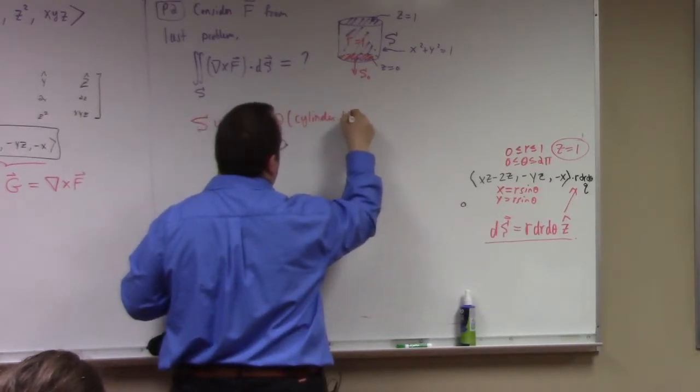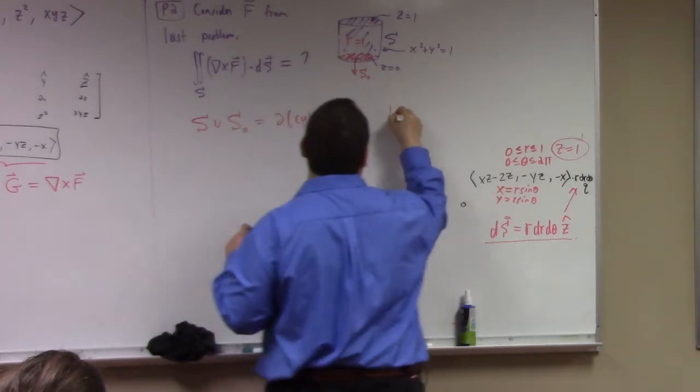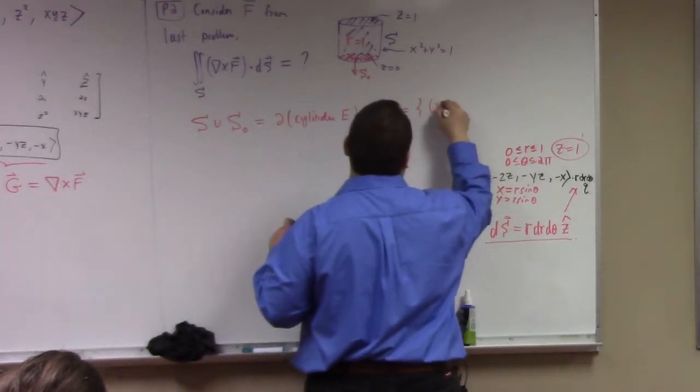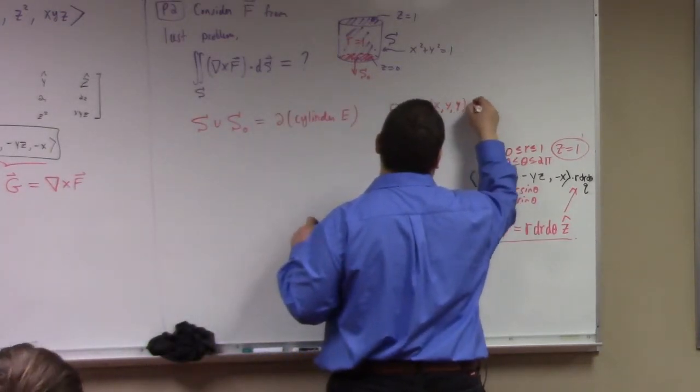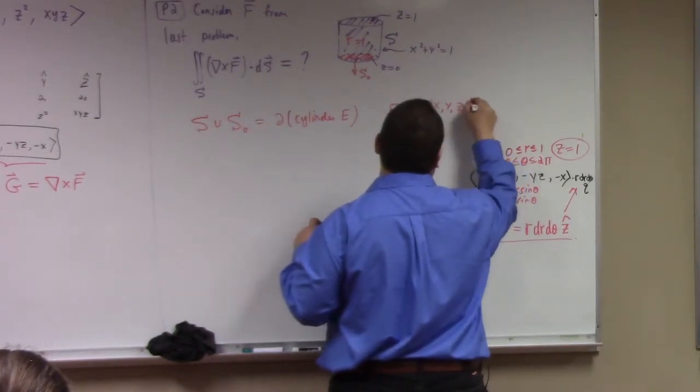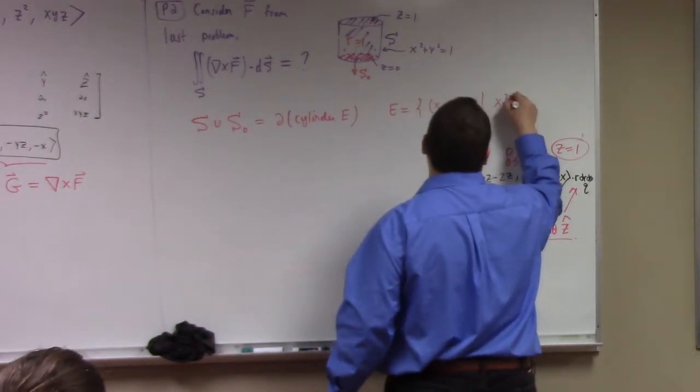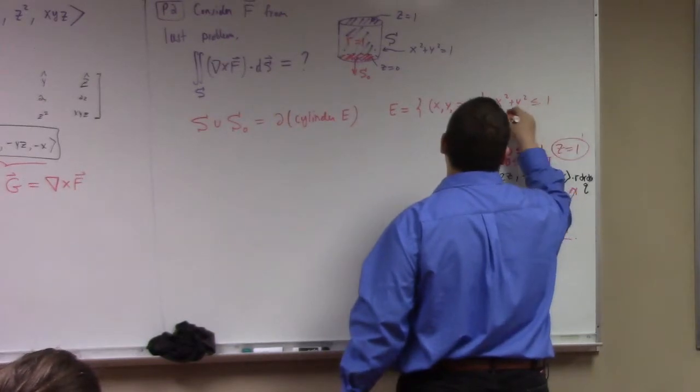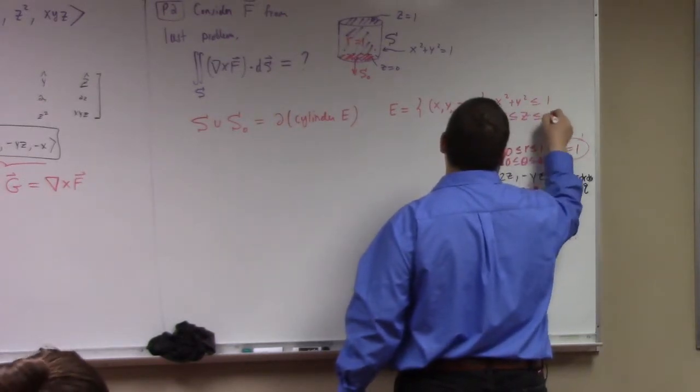Let me call that cylinder E just to give it a name. Here E is the set of x, y, z such that x squared plus y squared is less than or equal to 1, and 0 is less than or equal to z less than or equal to 1.